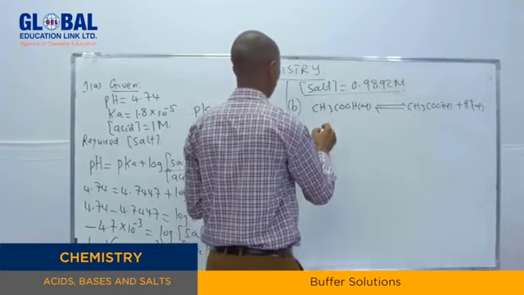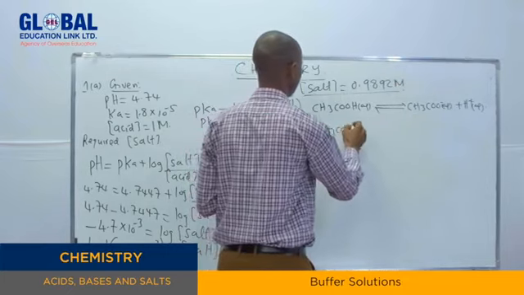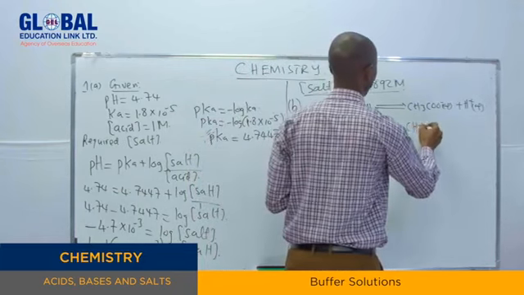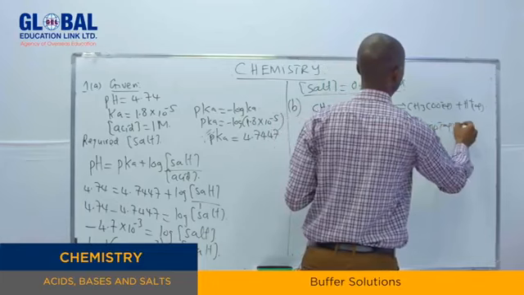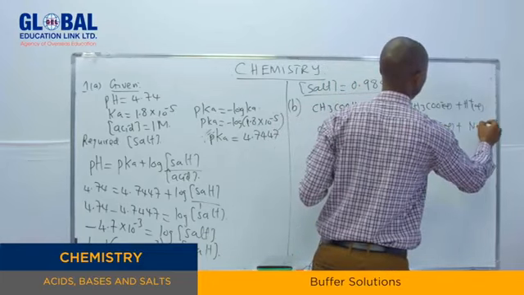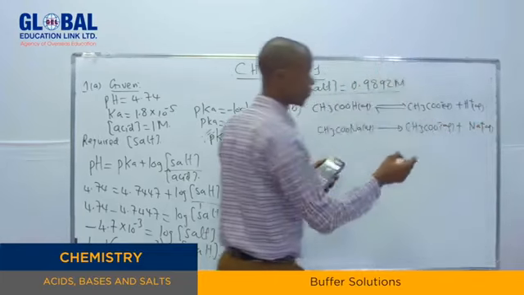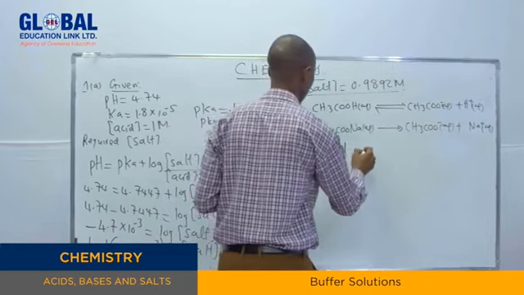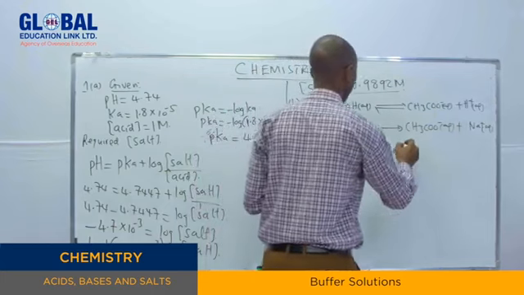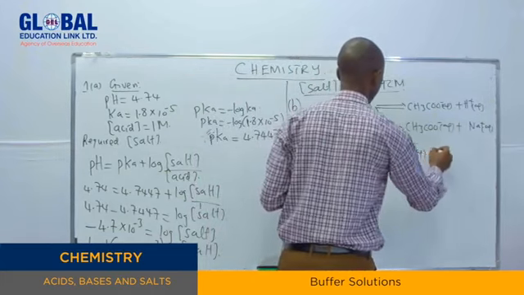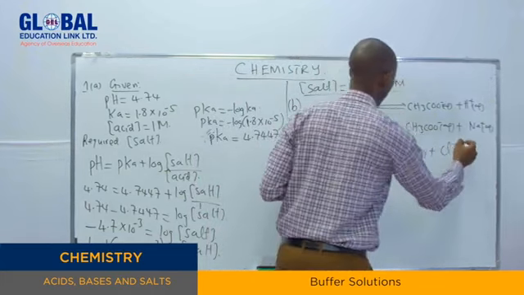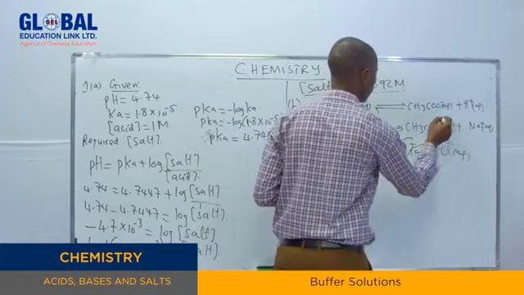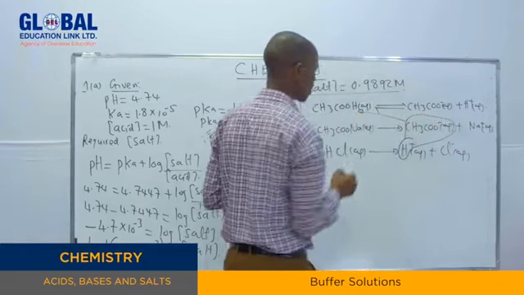We have also the sodium acetate, which ionizes completely to give the acetate ion and sodium ion. Now from there, hydrochloric acid is added. When it is added, it ionizes completely to give hydrogen ions and the chloride ions. As we have said, these ions will combine with the acetate to give acetic acid.